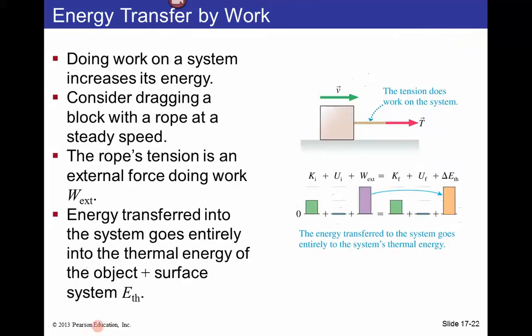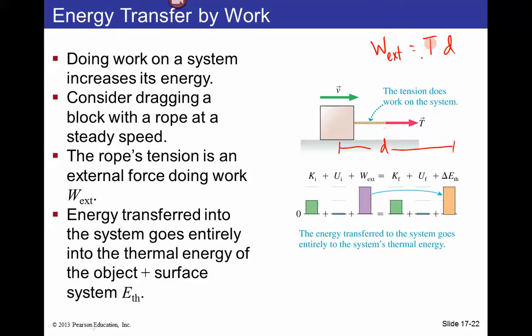Imagine another case in which we transfer energy by work. Now we have a box in contact with this surface here, and there's friction. Imagine again that the box is moving at a constant speed, so you're pulling here. If this box moves a distance d, then there is external work done, which is T times d.